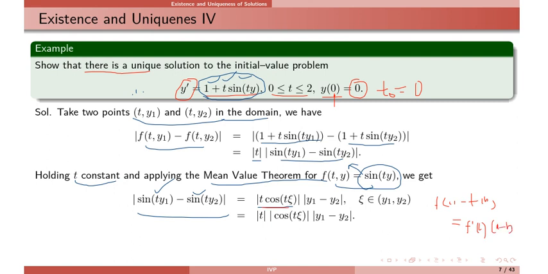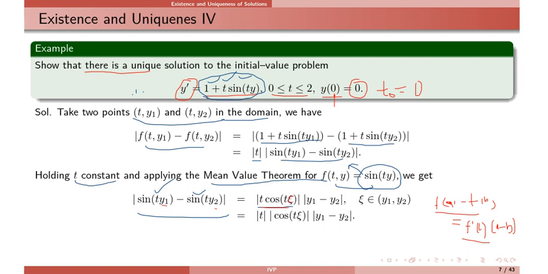But in two variables, the same theorem applies: change y to y1, y2, and f dash c will be replaced with the partial derivative with respect to y, and then replace y with c, or xi. So you can write (t, c).